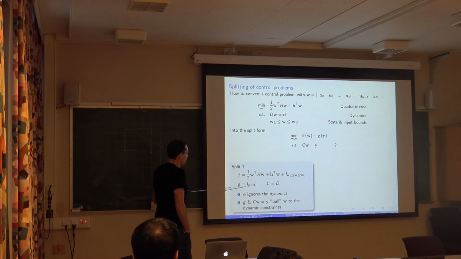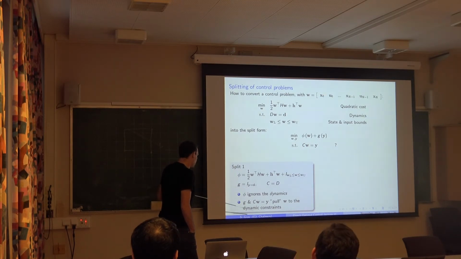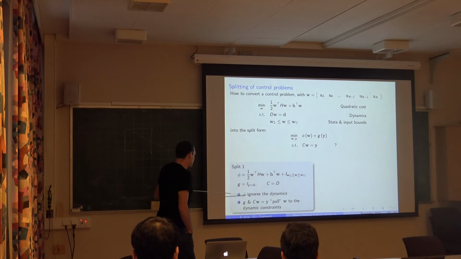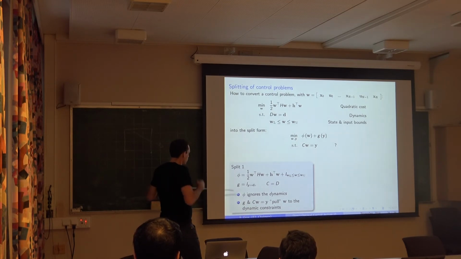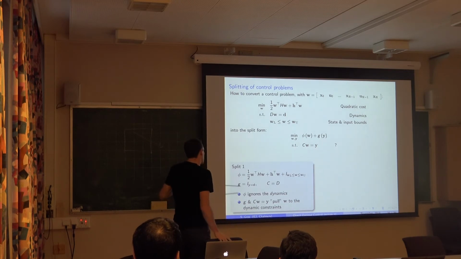So in that sense, your g function would be in that form. So what happens here is essentially you end up with one function, phi, which will treat... wait a second. No, it's the other way around. Sorry about that.